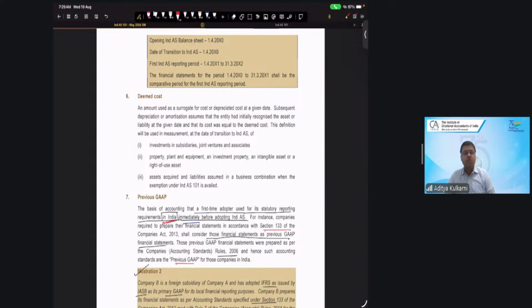But now you will have to show it at fair value. I'm not talking about investments in group companies, that is investment in subsidiary, associate, joint venture and all. I'm talking about regular investments. So you will have to do a fair valuation and take the movement either to FVTPL or FVOCI, right?